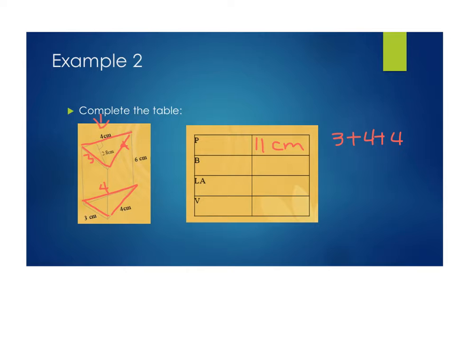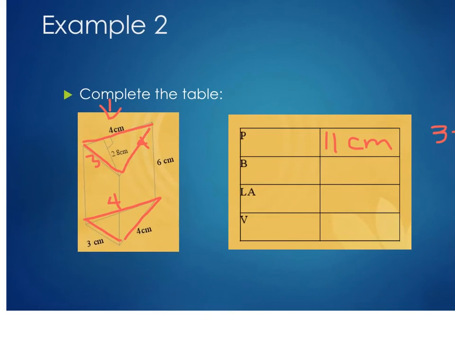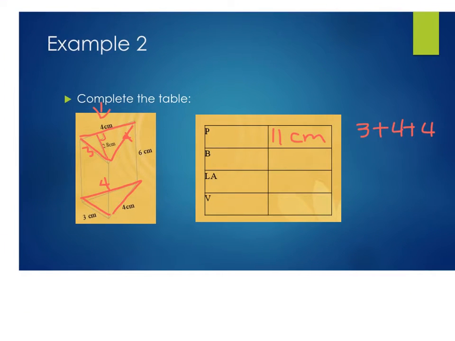In the top triangle, I know it's kind of hard to see, but I do have the height of the triangle. The height is right here, it's 2.8. So the base shape is a triangle, so the formula I'm going to use is 1/2 BH, where my base is 4 and my height is 2.8.